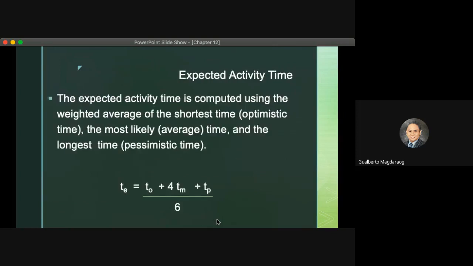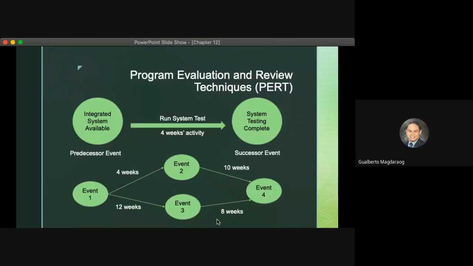So going back to our previous example, comparing path 1, 2, and 4, it needs 14 weeks. Comparing it to 1, 3, 4 path, that is 20 weeks. So in short, the critical path here is 1, 3, and 4. That's the longest path to finish the project.